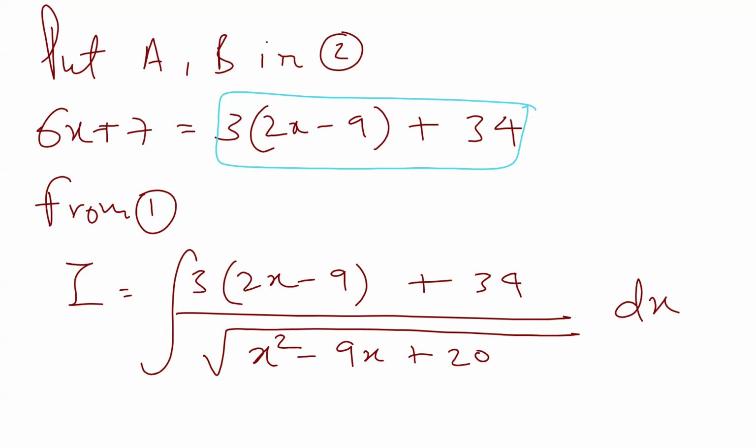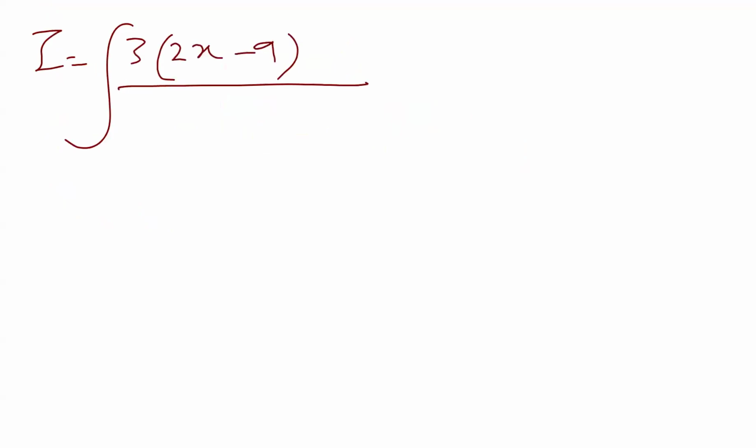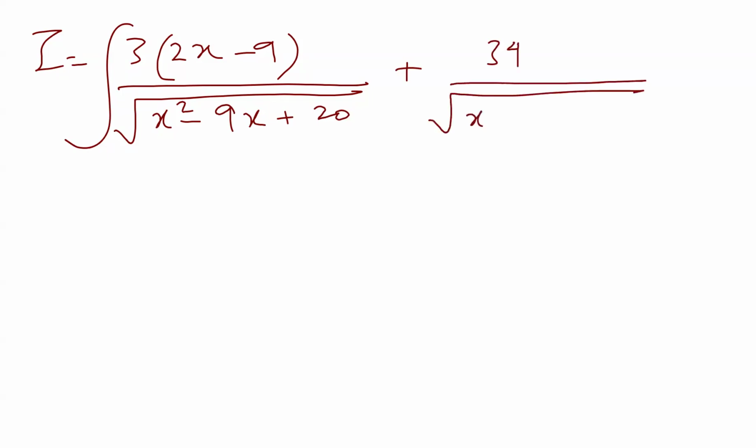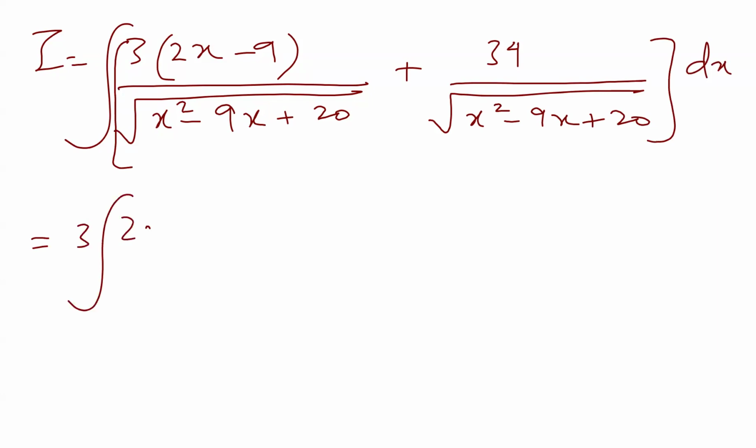Now split this into two parts because there is a plus sign in the numerator in between the two terms. I is equal to the integral of 3 into (2x minus 9) upon root of x square minus 9x plus 20, plus 34 upon root of x square minus 9x plus 20, dx. Individual integration, take the constants outside.